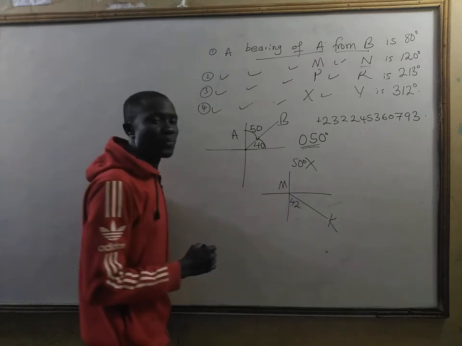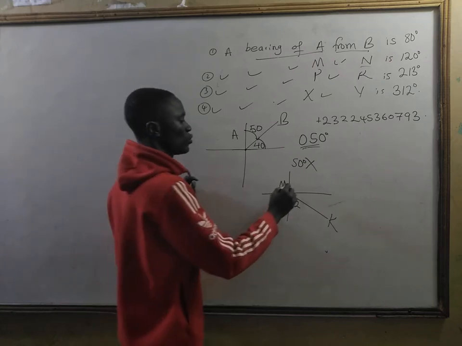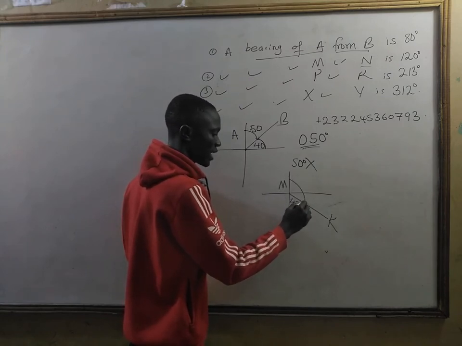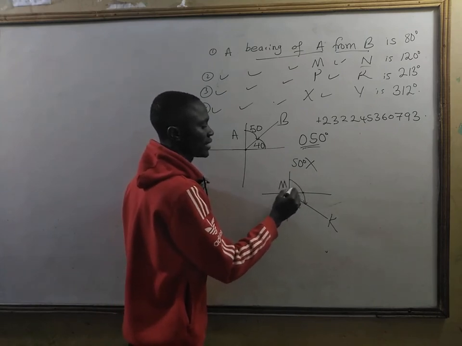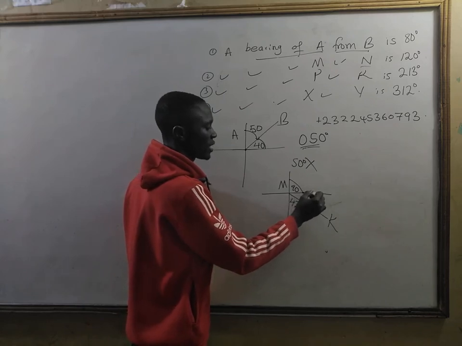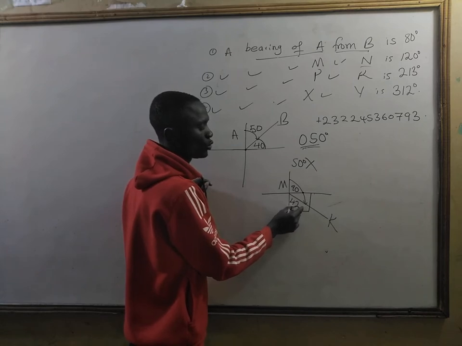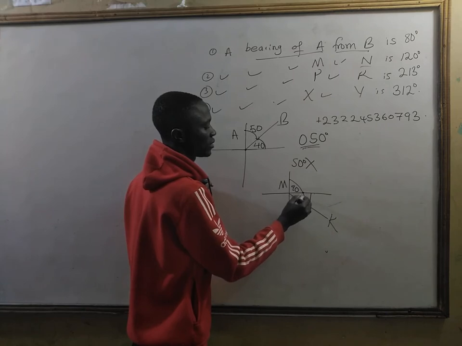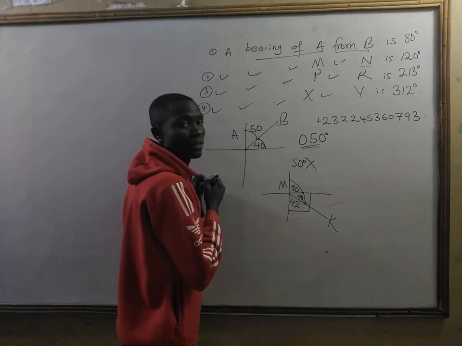Now let's check this one. So here we need the bearing of K from M. So from M, we go and stand at the geographic north of M. We measure up to this line. But we know that from here to here is 90. But we don't know this. We also know that from here to here is 90. But this angle is 42. So we take 42 from 90 to get 48. So we add 48 to 90 to get our answer.